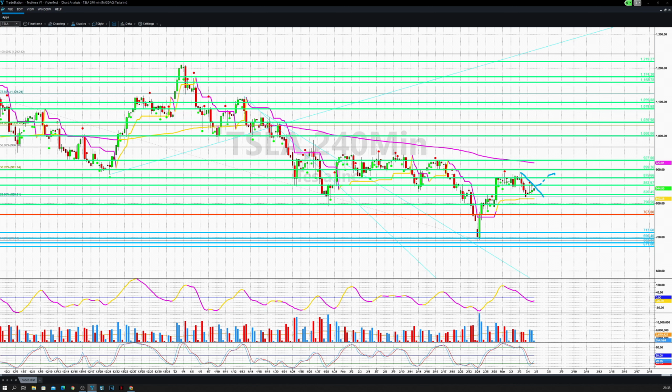Let me check something else again to see if there is something. Yeah, if it closes above, let's say the 440, 470, yeah, a green candle above the 850, sorry, it will push higher.